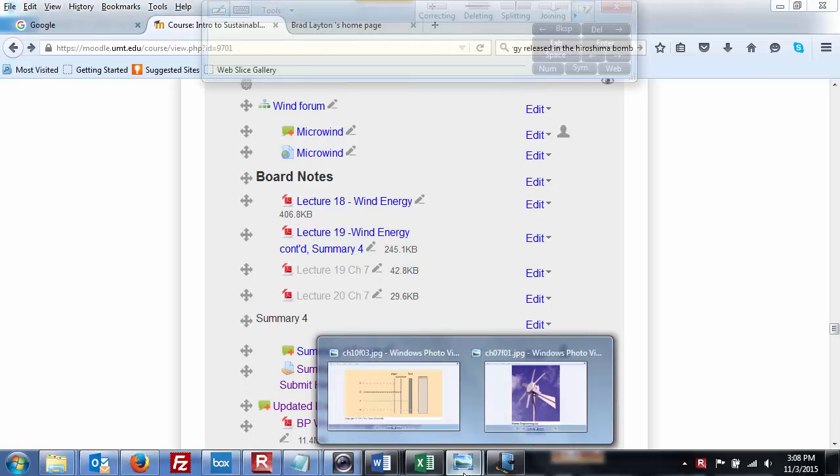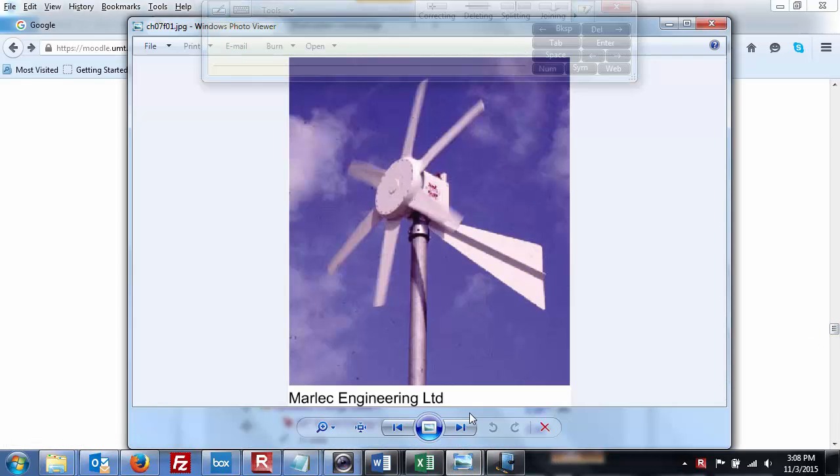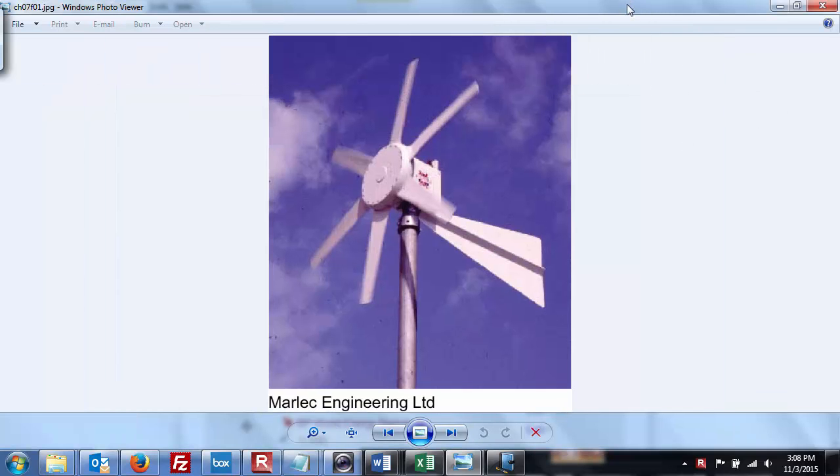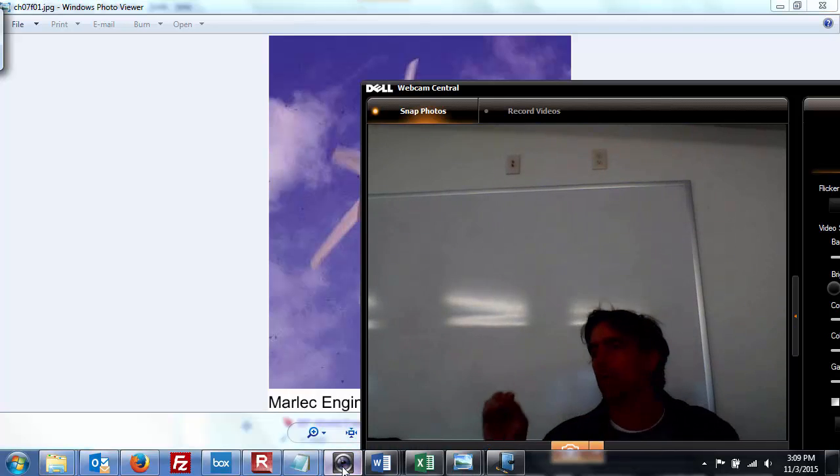Okay, so let's just hop right into the figures for chapter 7. First of all, a little bit of terminology. The difference between a wind turbine and a windmill: a lot of times you'll hear people call wind turbines windmills. A windmill is something that is just taking mechanical energy and turning it into some other mechanical energy.